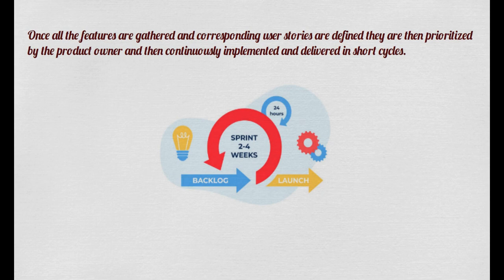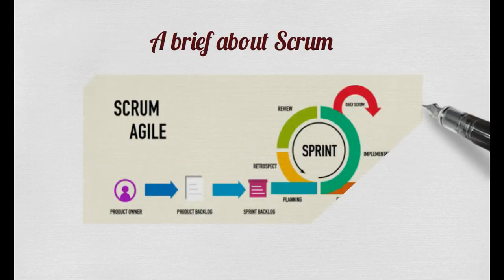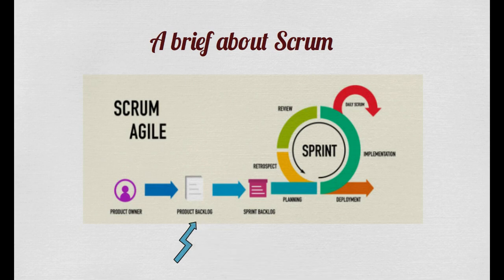I have given a detailed explanation about Scrum and Scrum ceremonies in my previous video. To brief here, a Scrum project starts off with a product backlog that contains all the features you want to build in the form of user stories. These features or user stories get prioritized so that the most important features are at the top of the product backlog, which is owned by the product owner.